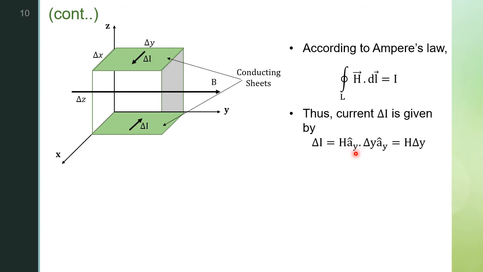Now, what is the differential length we should take? That is, we should take how much of the current is along this direction. So we should multiply it with delta y ay cap. So as you know, ay cap dot ay cap is 1. So you will get the current enclosed by this magnetic flux lines as H into delta y. So this is the value of delta I.